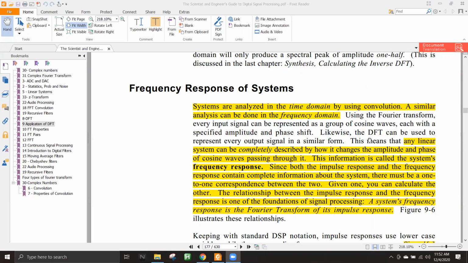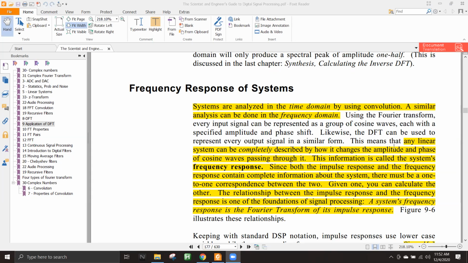Okay, so any linear system can be completely described by how it changes the amplitude and phase of cosine waves passing through it. Remember, in the previous chapter we said that any linear system can be completely described by how it behaves for a single impulse. That means if we know what the impulse response is, we can tell how the whole signal system will behave. Now we are saying something different, because now we are assuming that we are in the frequency domain.